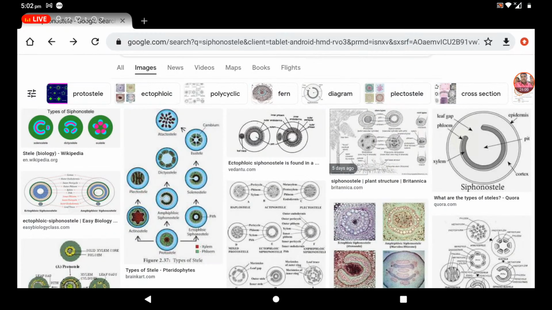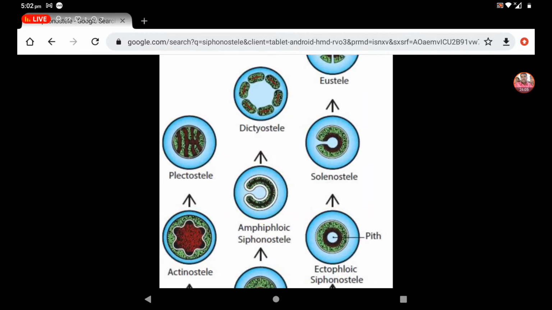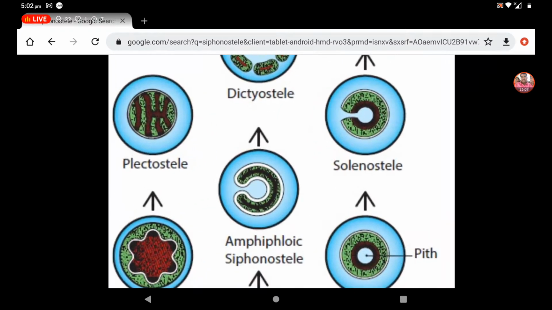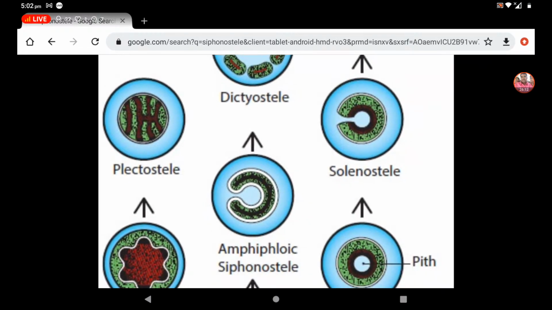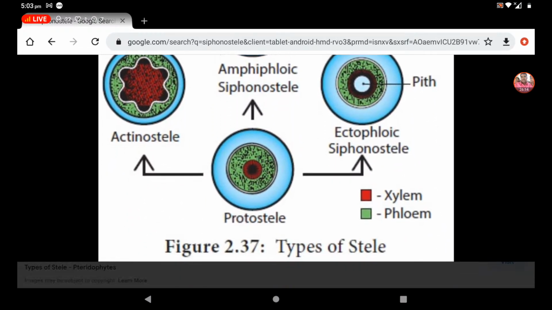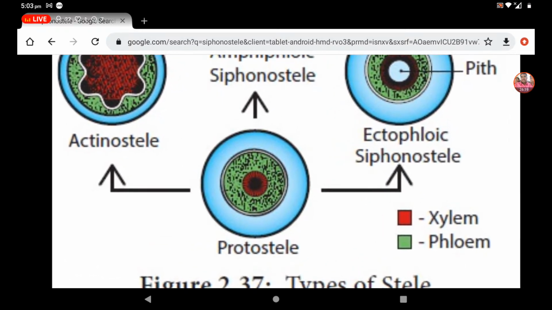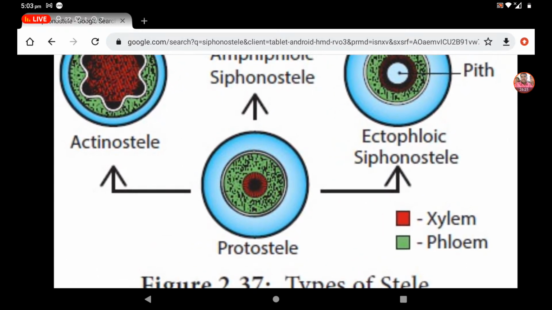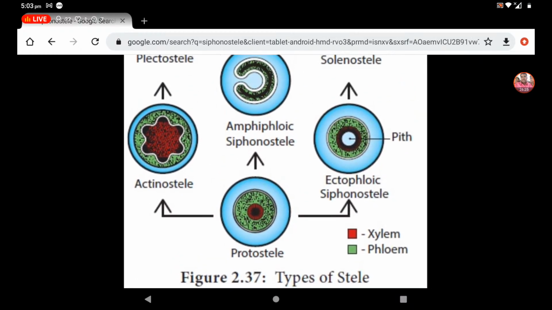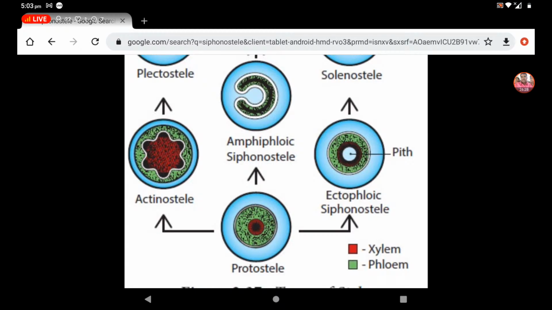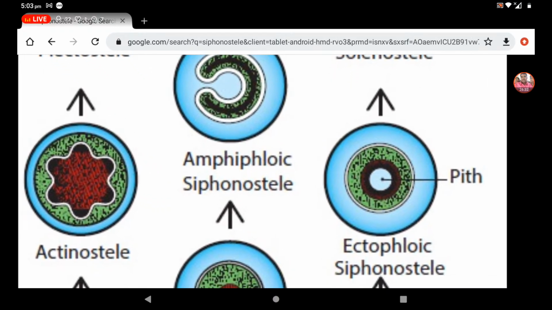Solenostele. So I said there are different varieties of steles in Pteridophyta. Protostele, first, as already said. Yes, here it is. Centrally xylem, peripherally phloem is present. Then we find two more types. Siphonostele is the one along with the medulla, that means pith is also present.